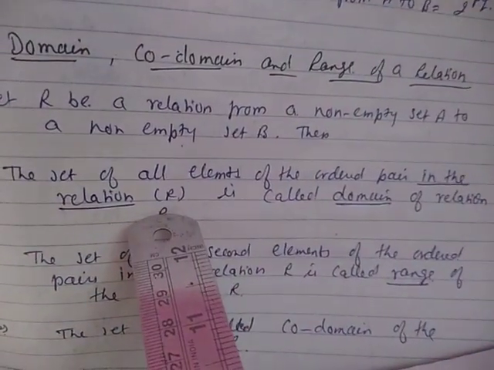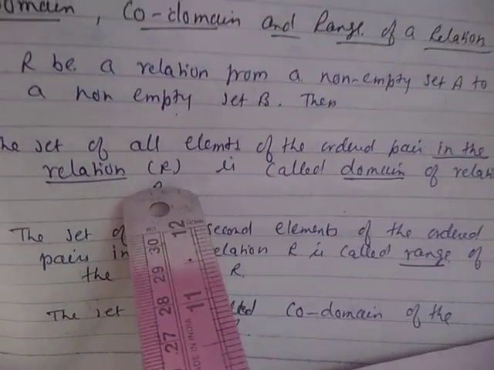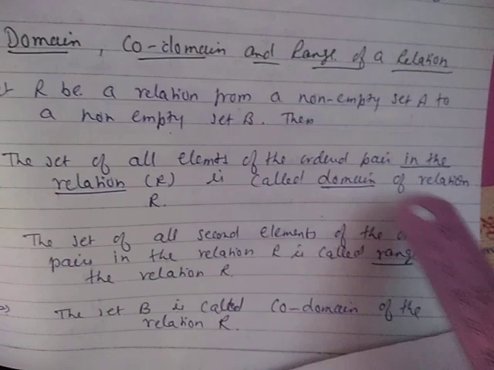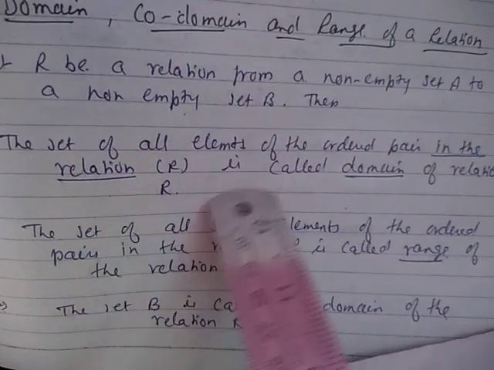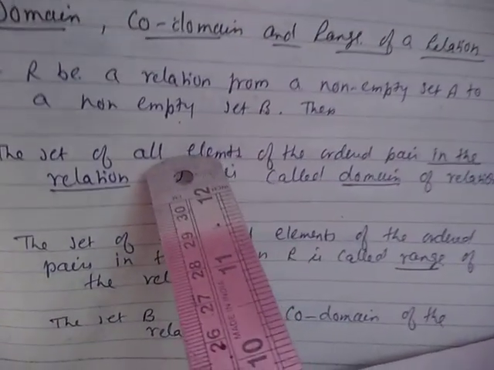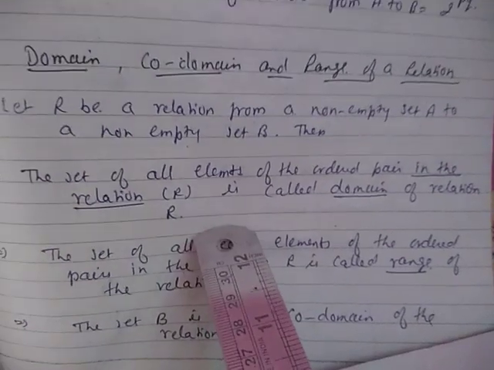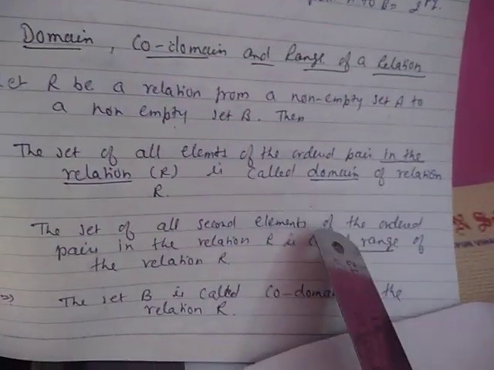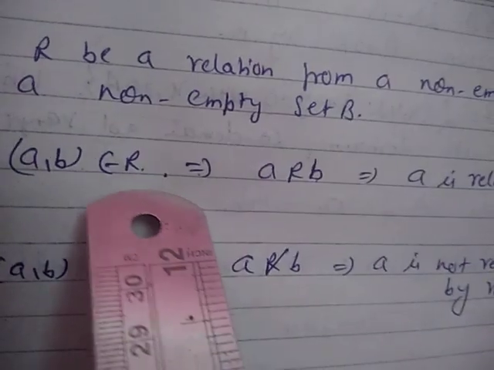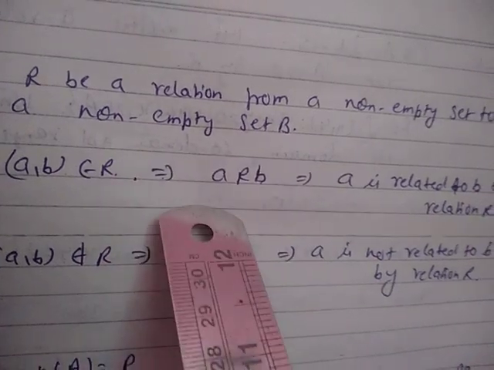Whatever relation you took from the Cartesian product, in that set R, is called the domain of the relation. That means in R, the first element of each ordered pair will be responsible for the domain. Here a is related to b, that means a is responsible for the domain.